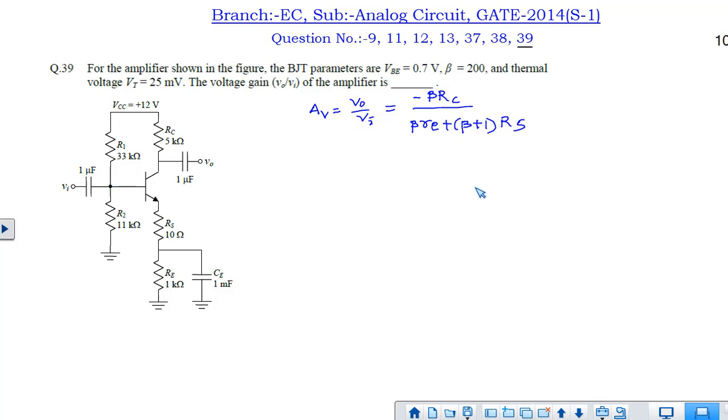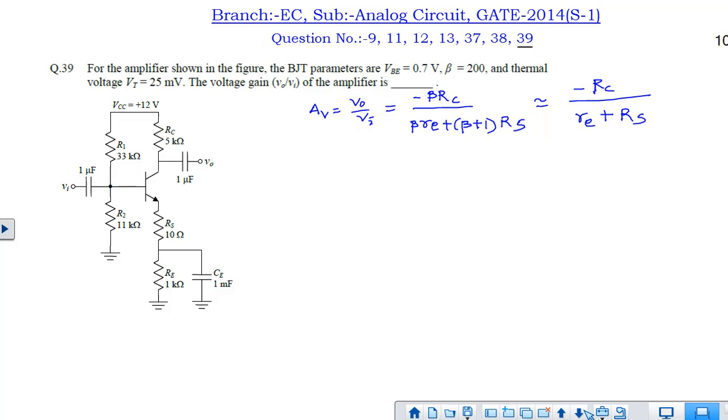For large beta value, beta plus 1 will be same as beta. So beta can be cancelled. Hence we can get the gain to be minus RC divided by re plus RS. That is the same expression for the gain that we have written previously.